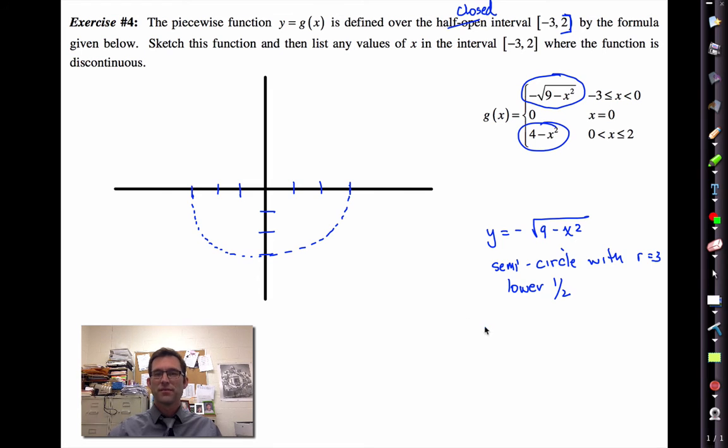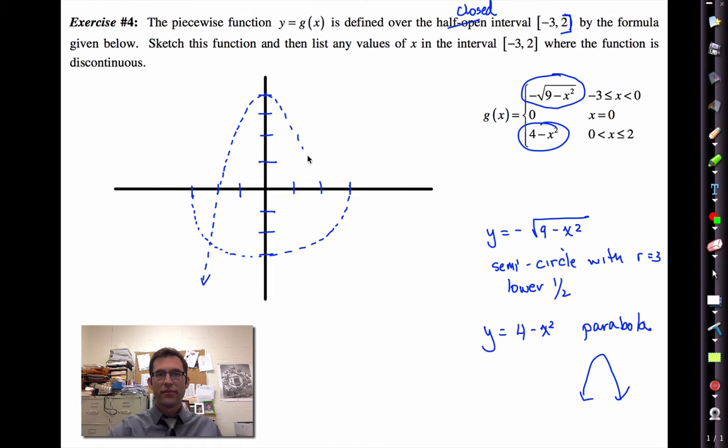Now for a moment, let's skip that, whatever that is. Let's talk about this. Now y equals 4 minus x squared, that's a parabola, right? That's a parabola that opens downward like this, and it's been shifted up 4 units. So 1, 2, 3, 4. And remember, it would have x-intercepts at plus or minus 2.